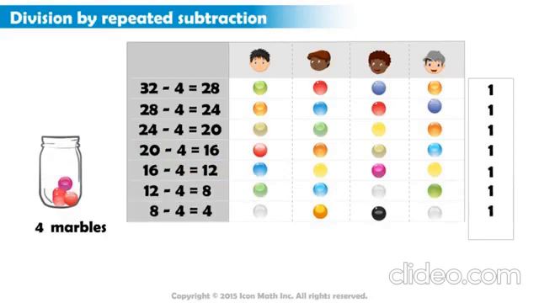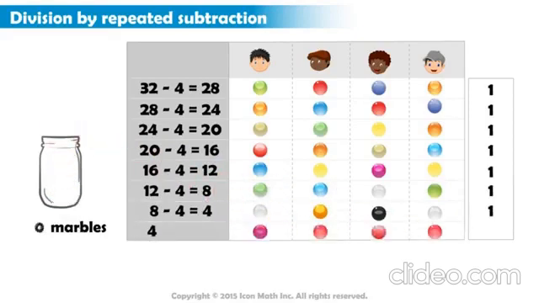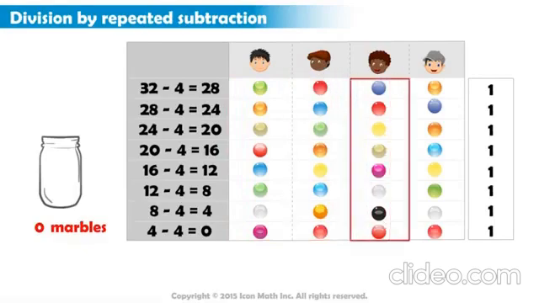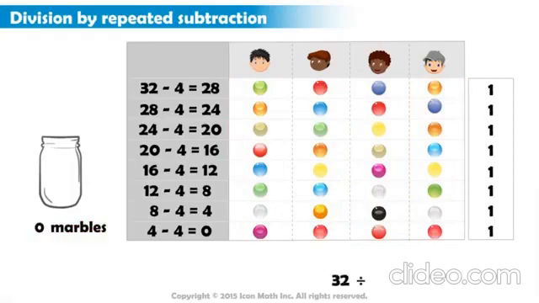we will finally get to 4, and 4 minus 4 is 0. Since we reached 0, this means we can equally split 32 marbles among 4 players without any marbles left over. To find the answer of 32 divided by 4, we count the ones we wrote in the marginal column.